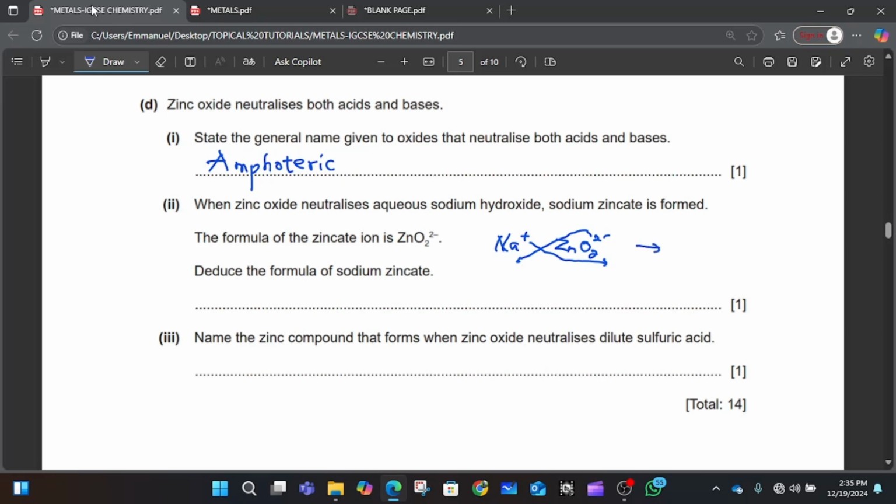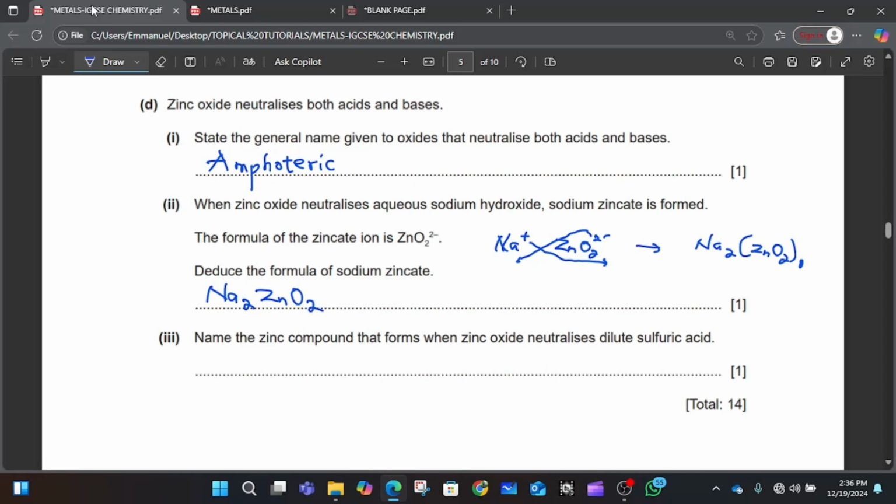It means that we are getting Na2 into bracket ZnO2 1. But anytime you multiply a value or a letter by 1, you still get the same letter. So for that matter, the formula of sodium zincate is going to be Na2ZnO2.